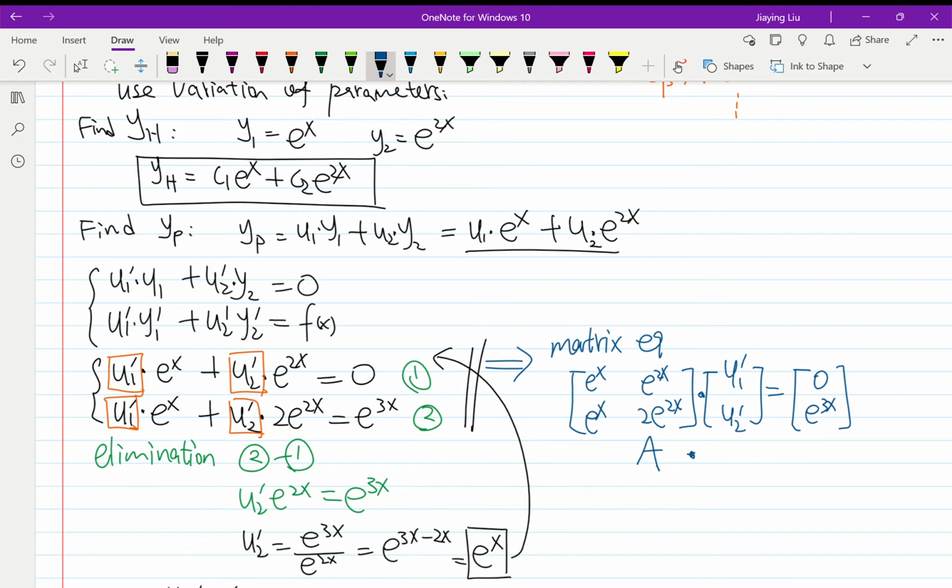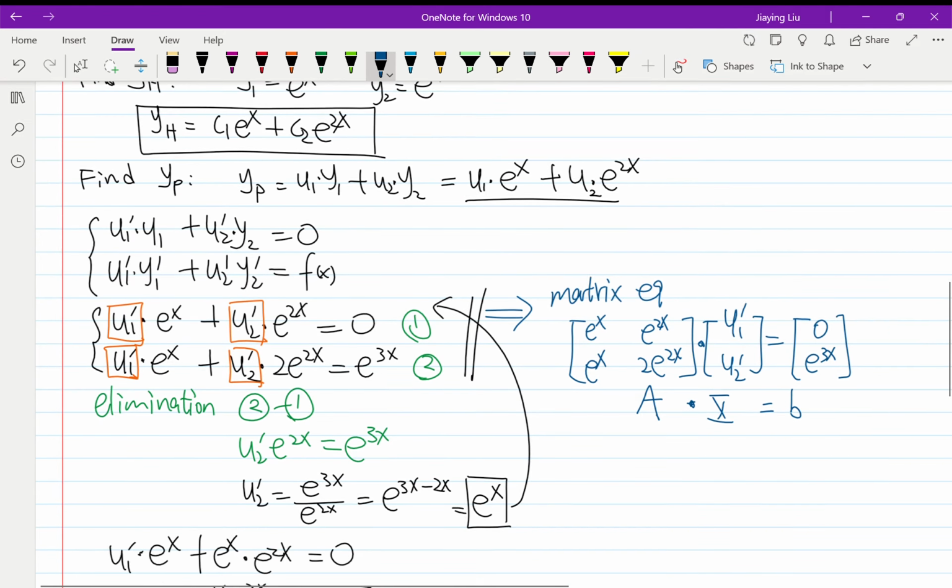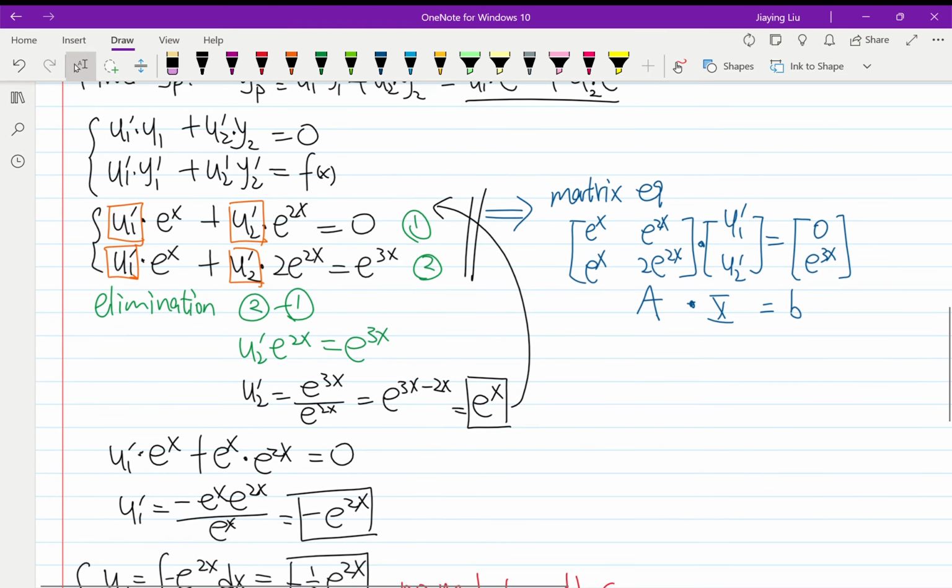And this variable matrix I'm going to call capital X. And the right-hand side is just what we call the B matrix. So this is really the AX equals B equation. How do we solve it using determinants? So to solve this, the first thing we need is the determinant of A, what we call the Wronskian.